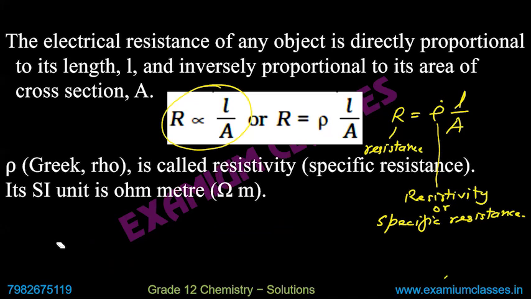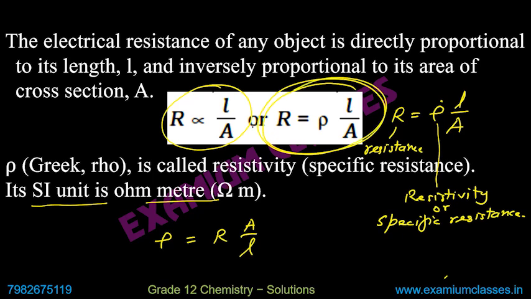These terms are confusing, so you need to pay attention here. The SI unit is ohm meter, because rho will be equal to R A by L. R's unit is ohm. A by L will be meter square by meter, that is meter. Ohm meter, unit of resistivity.